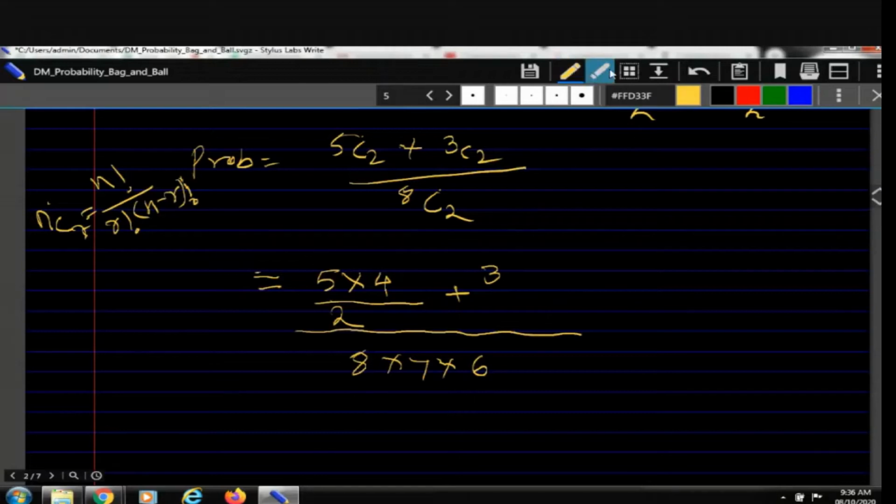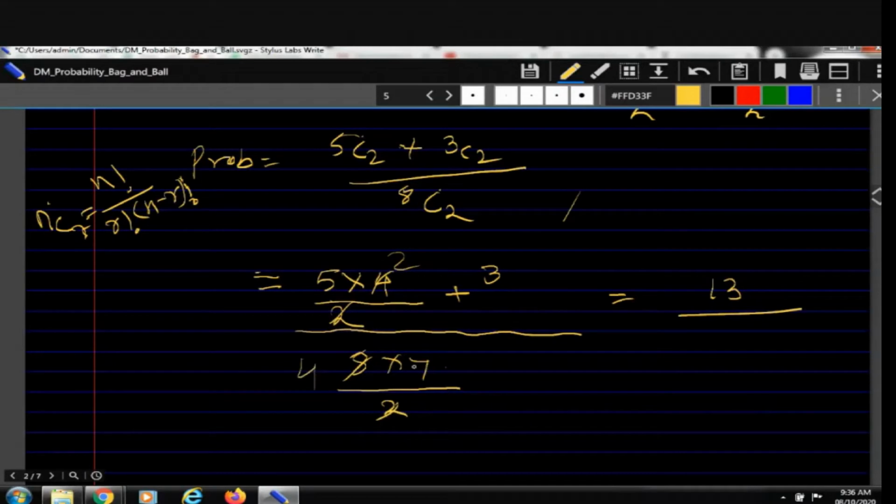So this 6 factorial is also not required to write here. 8 into 7 divided by 2 factorial is 2. So simplify this, 2 2s are 4. So numerator is 10 plus 3, 13 and denominator 2 4s are 8. So it is 4 7s are 28. It is equal to 13 by 28.